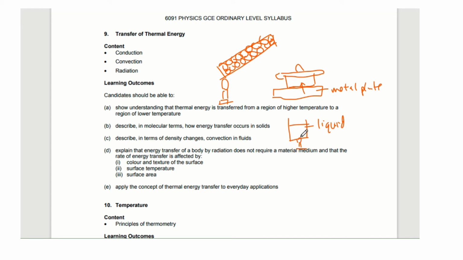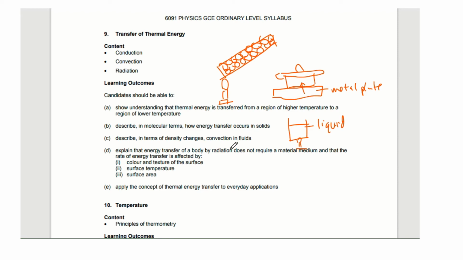Then when the liquid at the bottom gets heated up, it expands. When it expands, it becomes less dense and it will rise. And when it rises, the cooler liquid that is denser will come down to take its place. So this will set up a convection current and cause the liquid to heat up quickly. And this process of heat transfer is called convection.